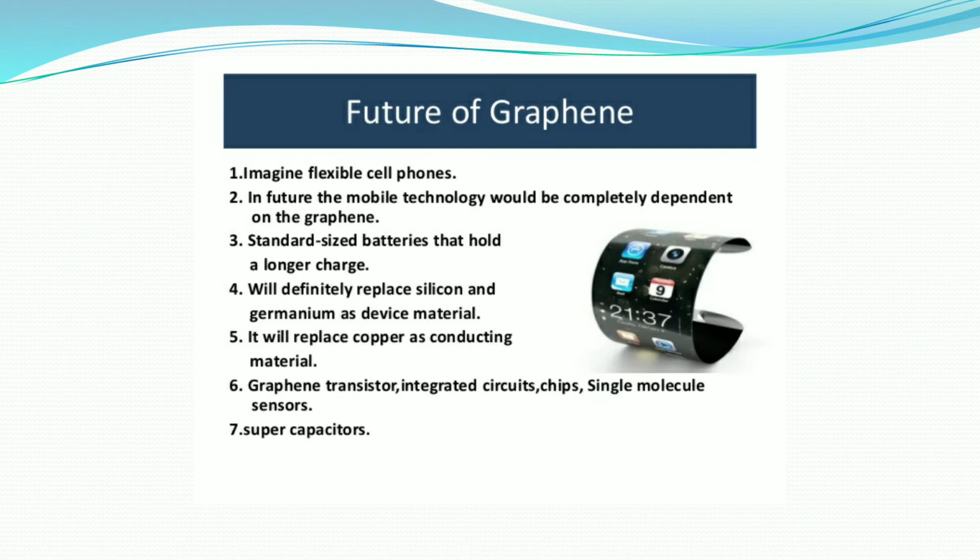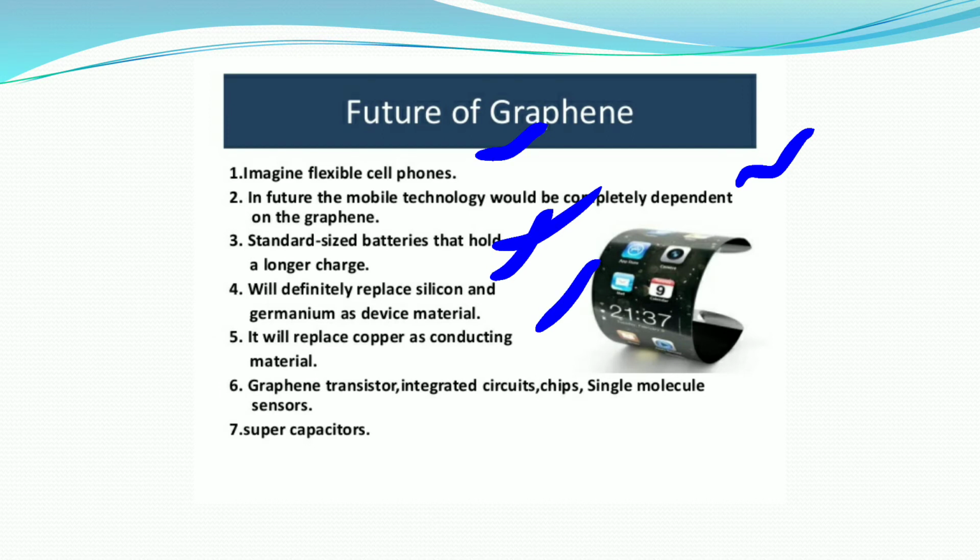First, imagine a flexible cell phone. It will be used in an imagined flexible cell phone. In future, mobile technology would be completely dependent on graphene, and standard size batteries that hold a longer charge will definitely replace silicon and germanium as a device material, and it will replace copper as a conducting material.